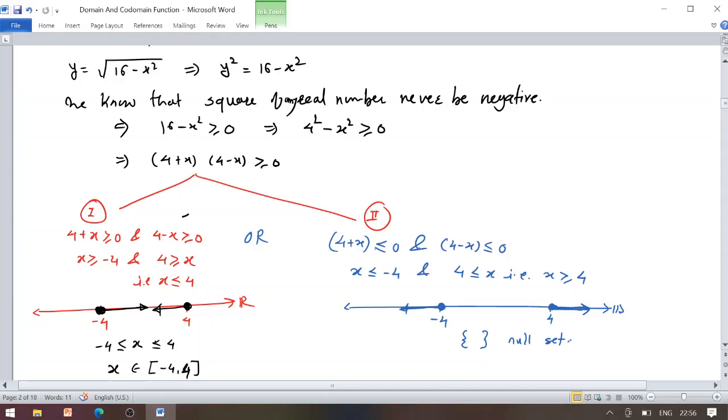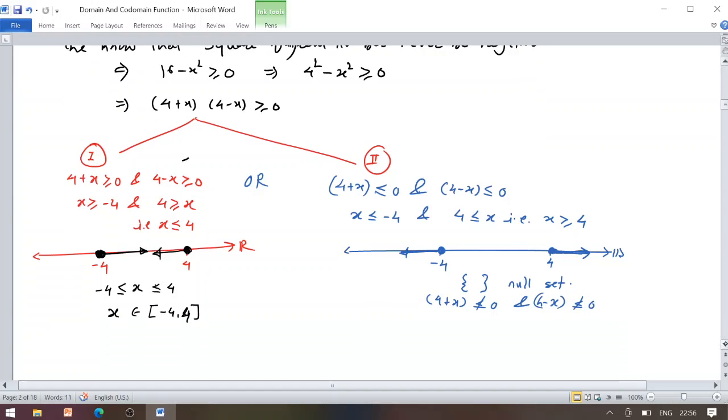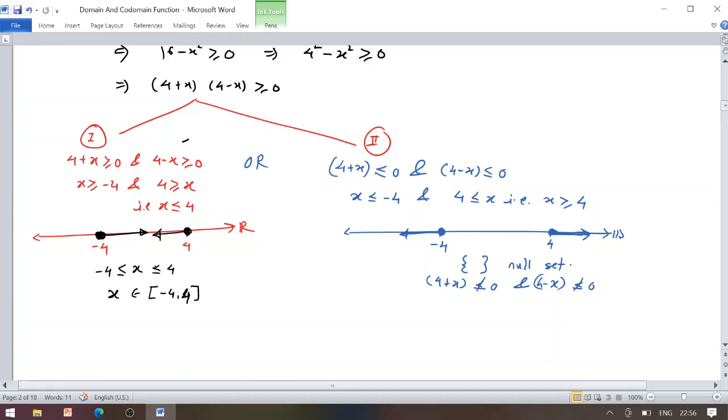That means 4 plus x can never be less equal 0 and 4 minus x can never be less equal 0. So the second case is not possible in this example. So we have just the domain now. As per the first case we have minus 4 comma 4 as a closed interval.